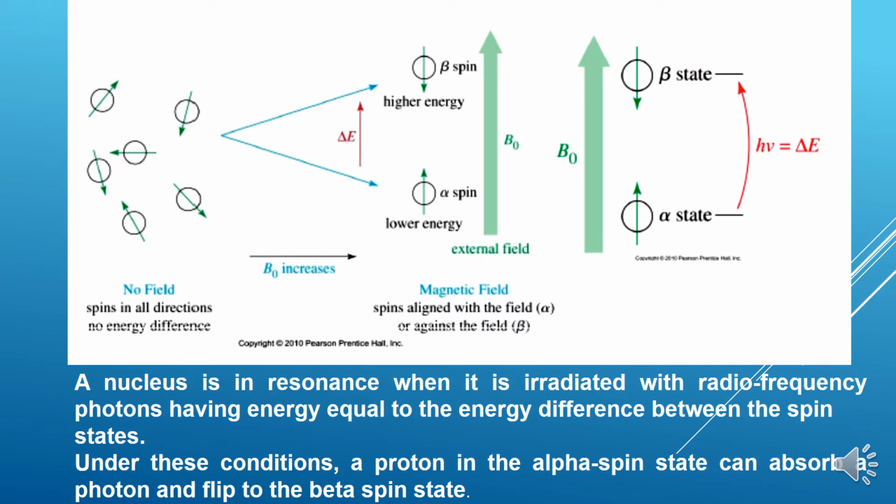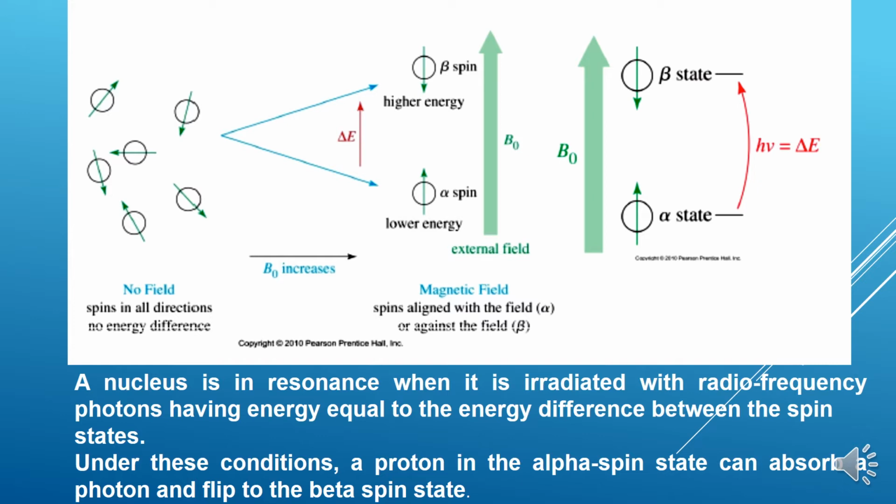One is alpha, another is the beta spin. Alpha means aligned parallel with the applied field. If it is against the applied field, then it is the beta state. There must be a gap between the alpha and beta states. That gap is called delta E, which must equal h nu only. That is the energy we need to supply for the flipping.